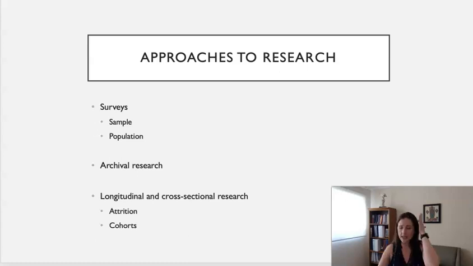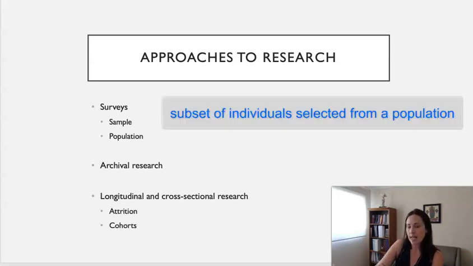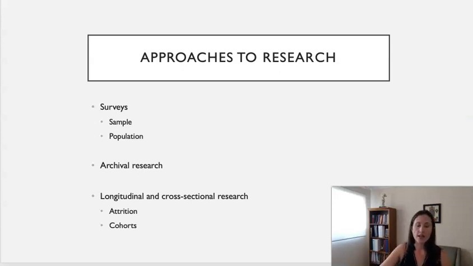When we are talking about surveys, you need to know the difference between the sample and the population. This isn't just for surveys, actually, but for any type of research. The sample is the subset of people that are in your experiment or your survey. It's the people you actually interact with for your research. So who is actually a participant in your study?